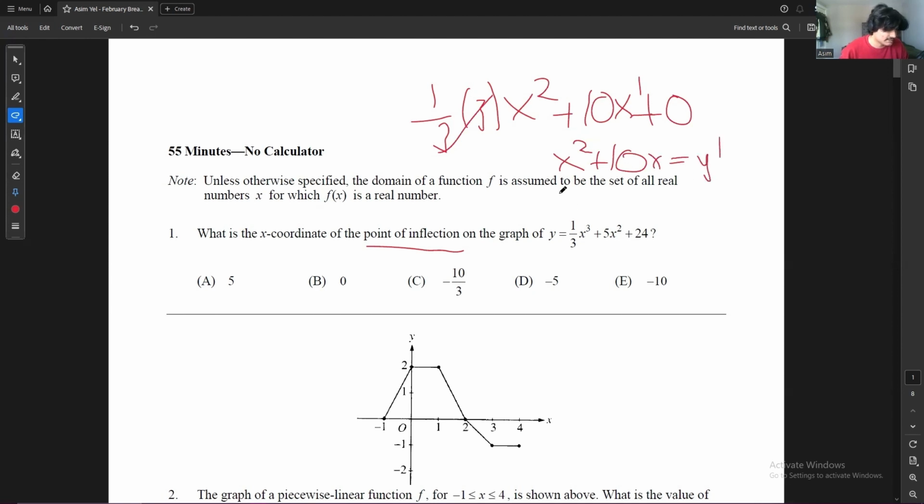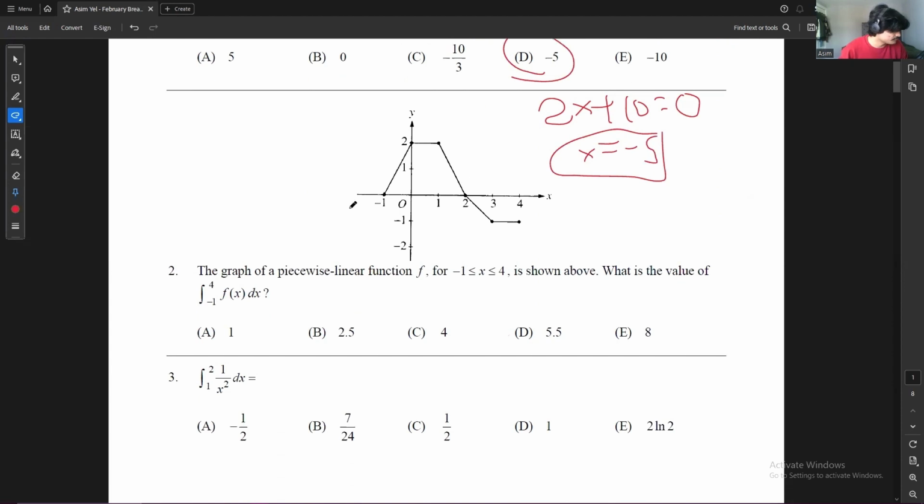Now we're going to take the second derivative, which is the same process. It's going to be 2x plus 10 equals y double prime. After that, we set this equal to 0, 2x plus 10 equals 0, and our x ends up being -5.